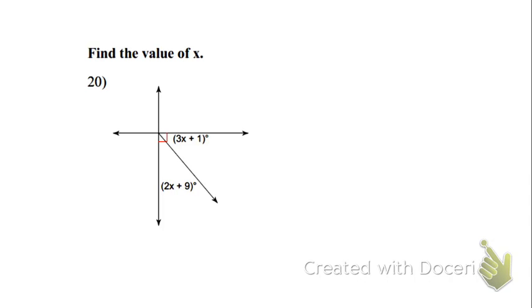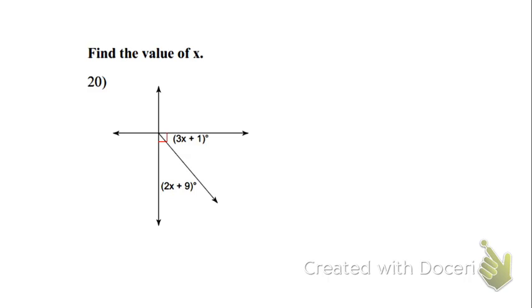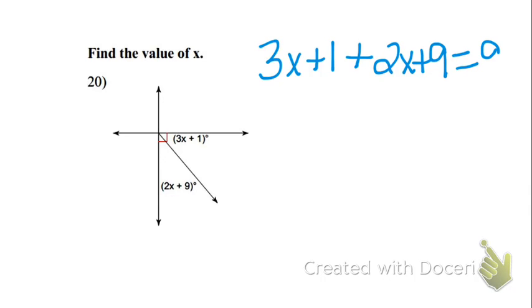Okay. Here we want to solve for x, so kind of doing the same thing we did in 18 because it is a 90-degree angle. But on this one we don't know any measures. So we have to add these two angles up. So 3x plus 1 plus 2x plus 9 and set it equal to 90.